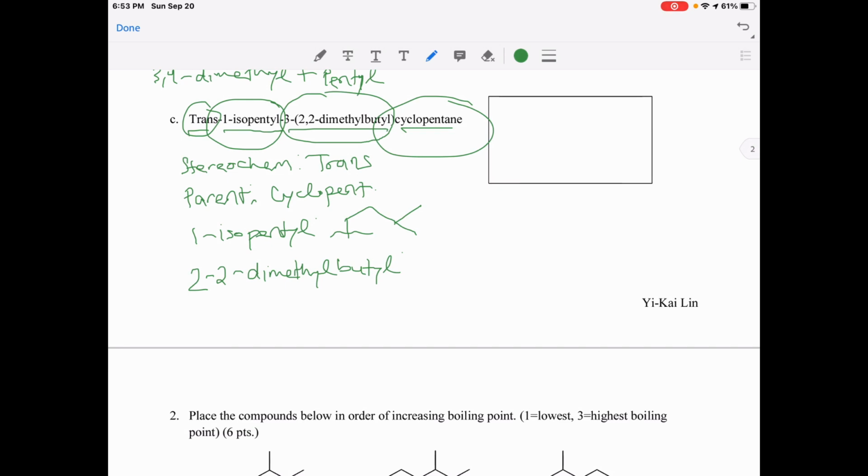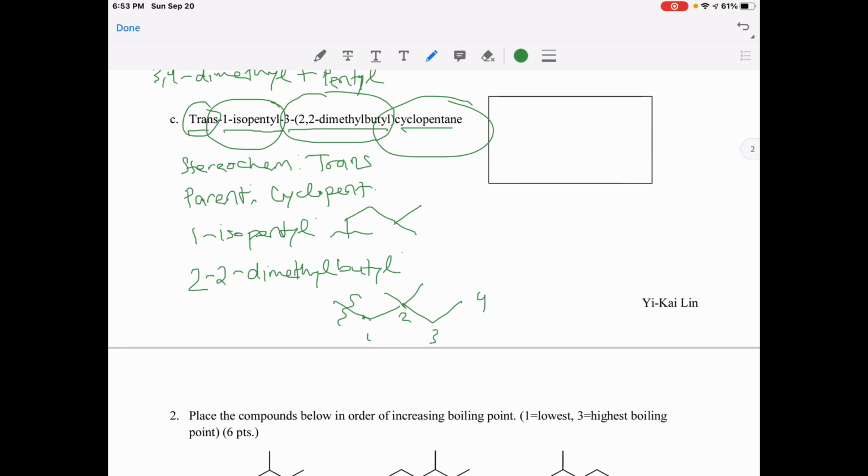When we do that, this is how we should depict the dimethylbutyl. Let's see, what's our main parent chain here? 1, 2, 3, 4. It is a butyl substituent.